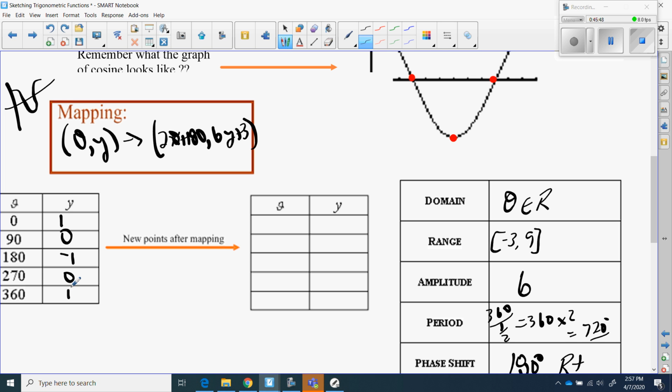And 360 is back up at 1. Okay, remember that's theta. So we are going to take twice theta and add 180. So 0 plus 180, that new point is going to be 180. The y value is going to be 6 times 1 plus 3. It's going to be up at 9.